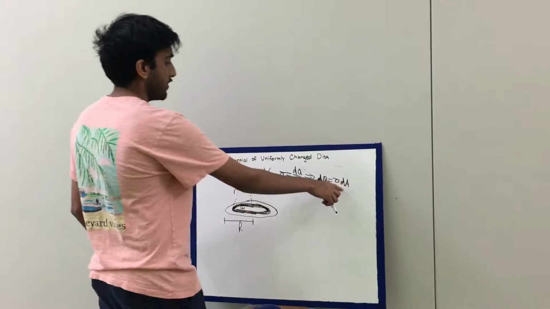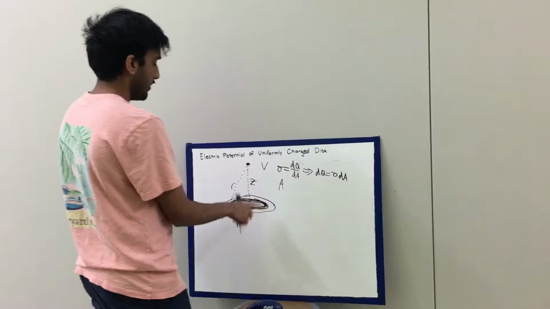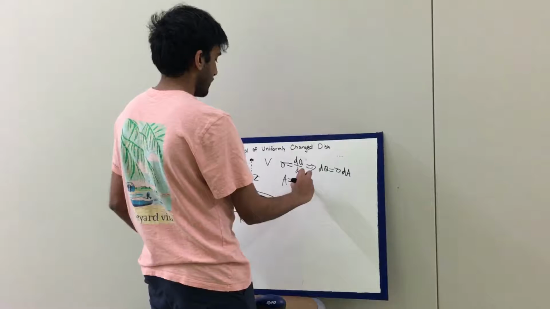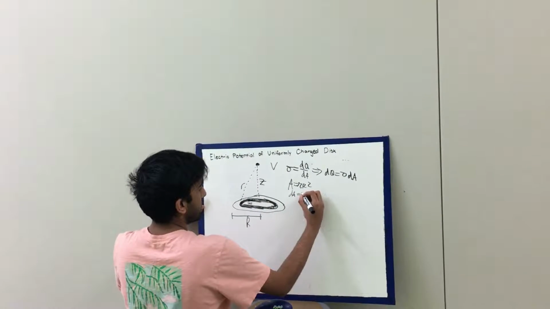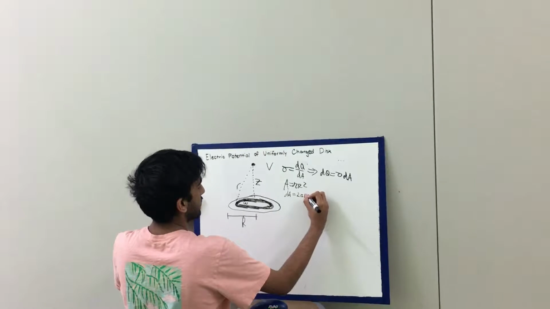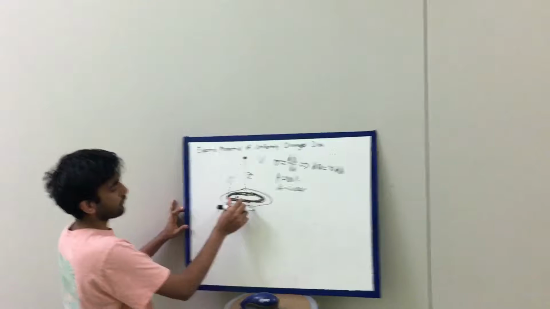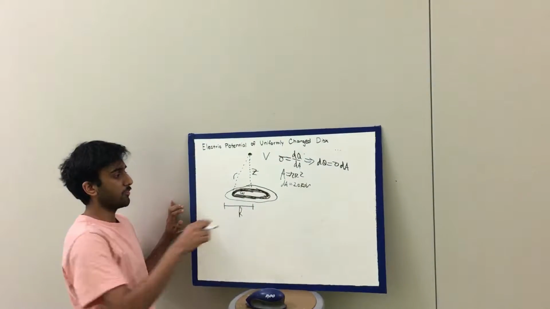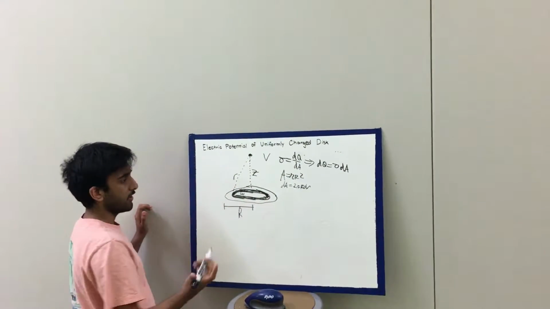To find the differential in the area, we know that the area of the disk is just pi r squared, so dA would just be 2 pi r dr. But in our case, since we need to find a differential of this ring, we're going to introduce a new variable omega, and integrate from omega equals 0 all the way to r.